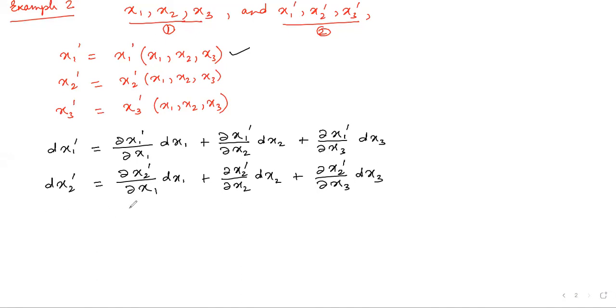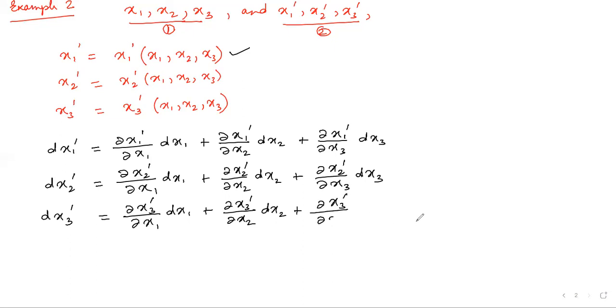And also for x3 prime, this is dou x3 prime by dou x1 dx1 plus dou x3 prime by dou x2 dx2 plus dou x3 prime by dou x3 dx3. So this is the relationship between the differentials of x prime and x.